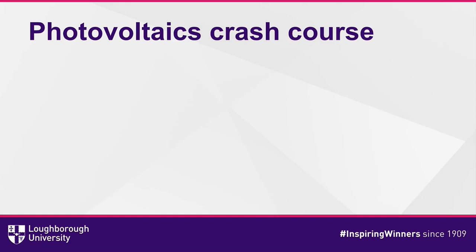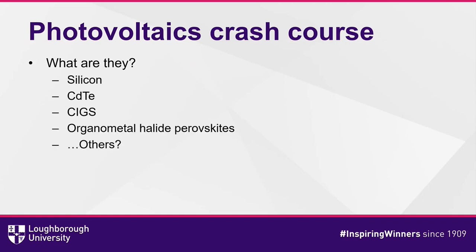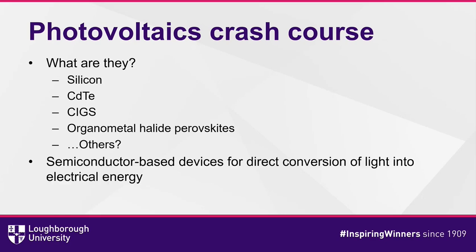Okay, so a crash course in photovoltaics. Well, first of all, what are they? They're devices made from a range of different materials. But really the key thing is that these are semiconductor-based devices that convert light directly into electrical energy.